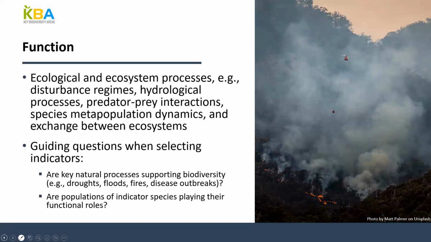So again, the key considerations that you may want to consider are whether these natural processes that support the native biodiversity occur at historic levels, and whether the population density of indicator species are high enough to continue playing their functional role.